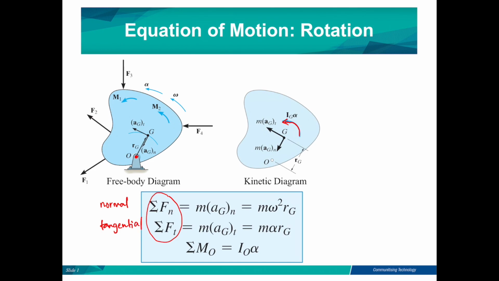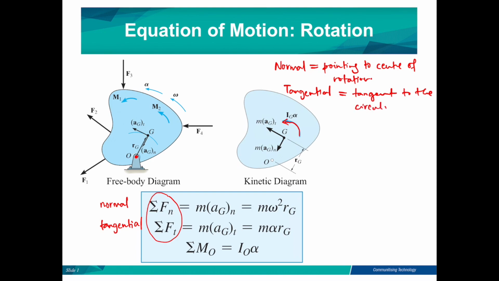Okay, normal axis is pointing to the center of rotation. And tangential axis is tangent to the path, tangent to the circular path. All right, so in this case, you will see that the normal axis is pointing to the center of rotation.